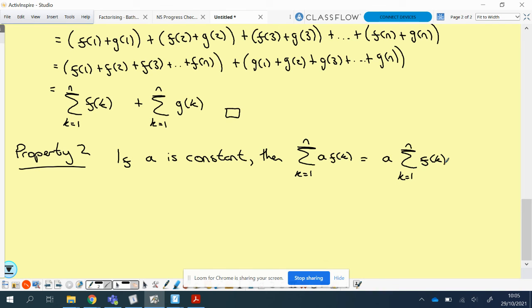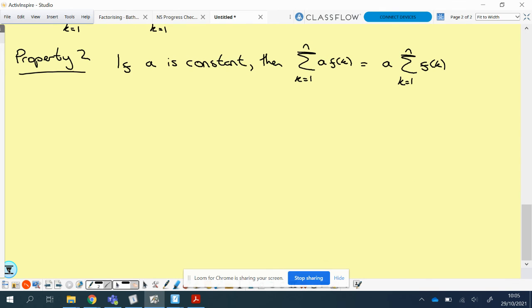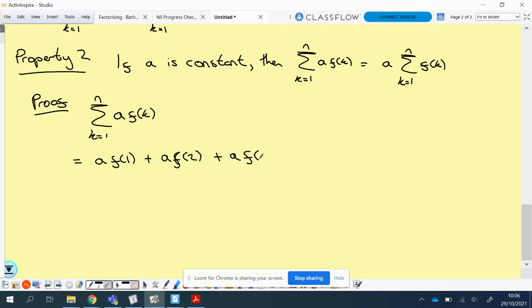Again, we'll prove that just to show that this holds. So again, if I start off with the left hand side, as k equals 1 up to n of a times f of k, remember a is just a constant, then what that's going to give me, every time I put a value of k in, will be a times f of 1 plus a times f of 2 plus a times f of 3 plus all the way up to a times f of n.